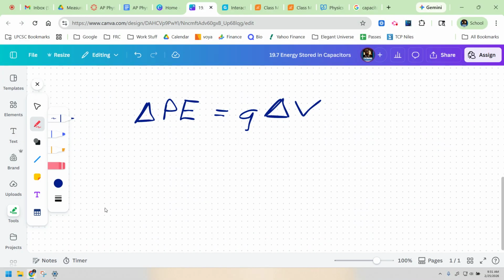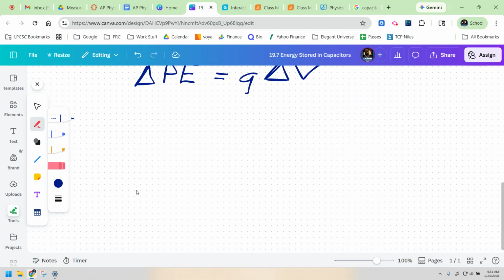Well, if the capacitor starts with 0 voltage and gradually comes up to full charge, then the full voltage is the actual change in voltage. So the first charge placed on the capacitor experiences a change in voltage, since the capacitor has 0 voltage when uncharged.